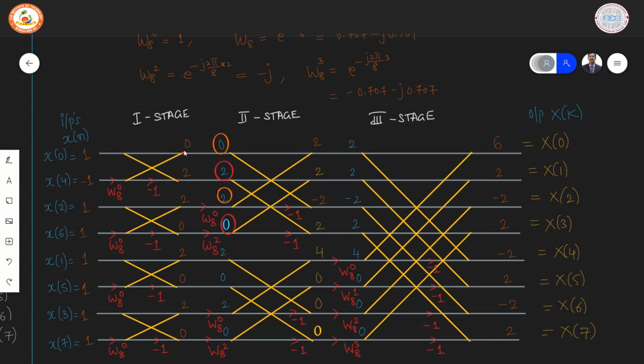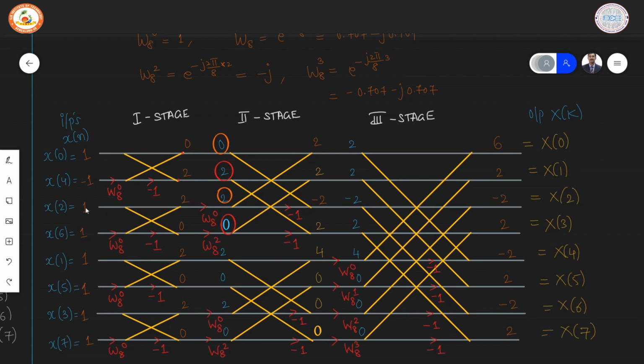Therefore, the output of the first stage is obtained by adding and subtracting the respective inputs. The top point corresponds to the addition of the inputs, the bottom value is the subtraction. Adding 1 with minus 1 gives 0, and the difference between 1 and minus 1 gives 2.